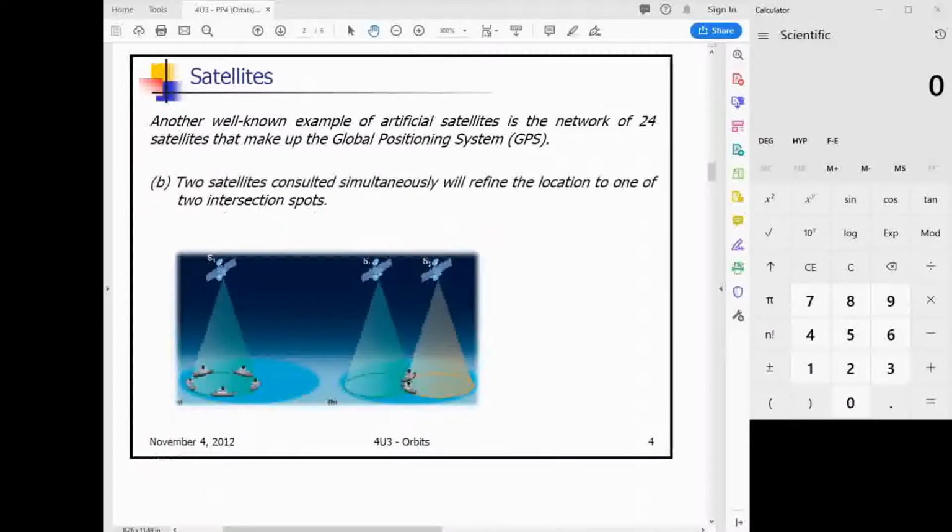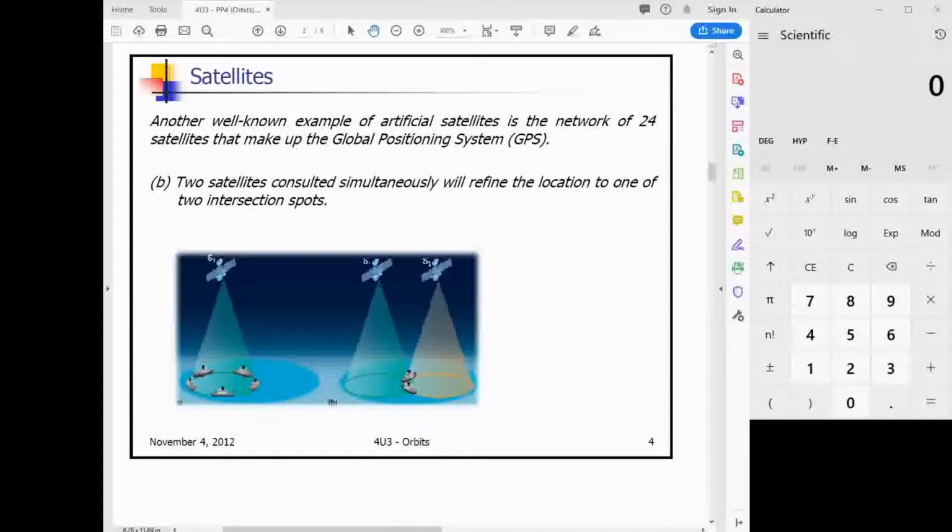When we add a second satellite, the second satellite could detect the same device, the same boat, and it would know that boat is, I guess, Y distance away from its center, and it would then know that boat is located on the circumference of its circle.